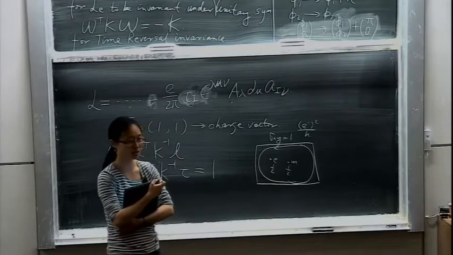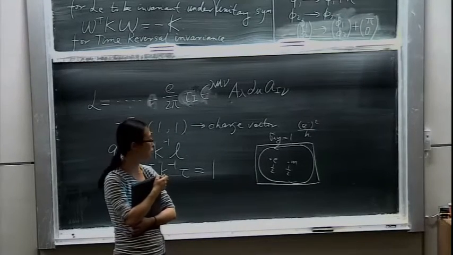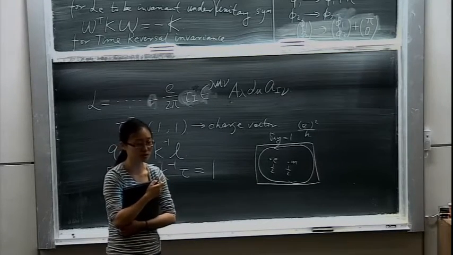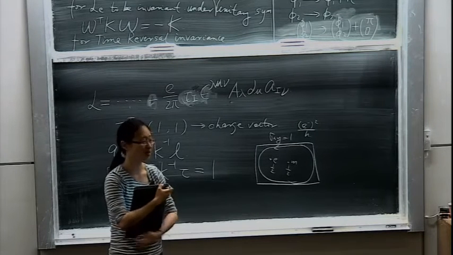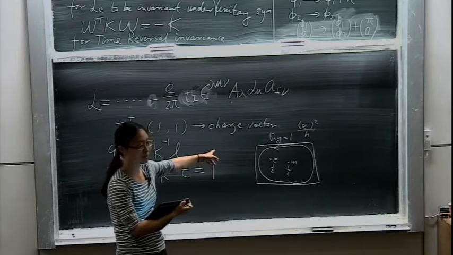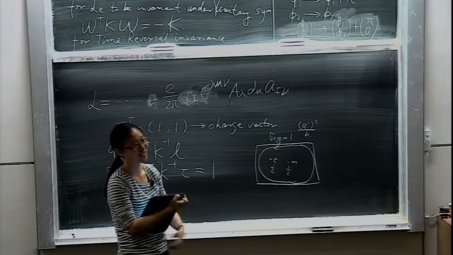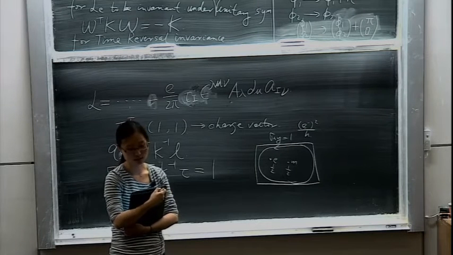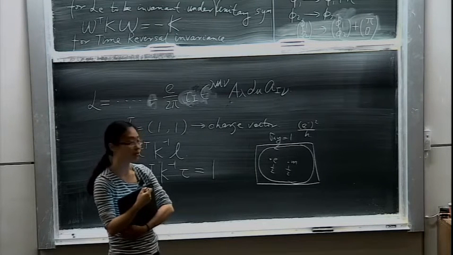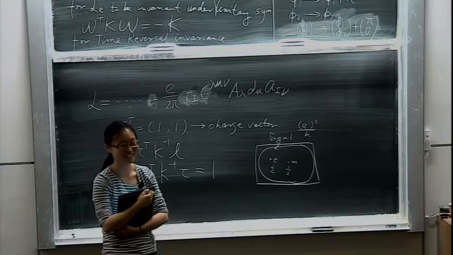And so it's ambiguous up to 2. Although the fermionic topological insulator surface is ambiguous up to 1, for the bosonic system this ambiguity is not 1. Yes, exactly. Good point. Although I don't have time to explain that.